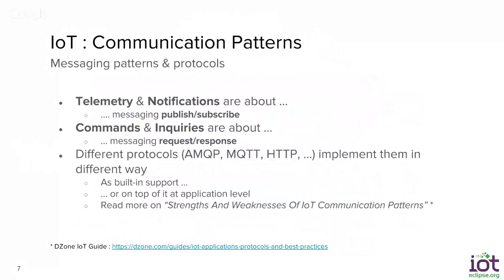So there is a client that is publishing information, and one or more clients that subscribe for receiving such information. On the other side, for example, the command and inquiries are about the request-response pattern from messaging, because a client sends a request, in the command case, a command, for example, from the cloud to the device, and it will expect to receive a reply, a response for that command.